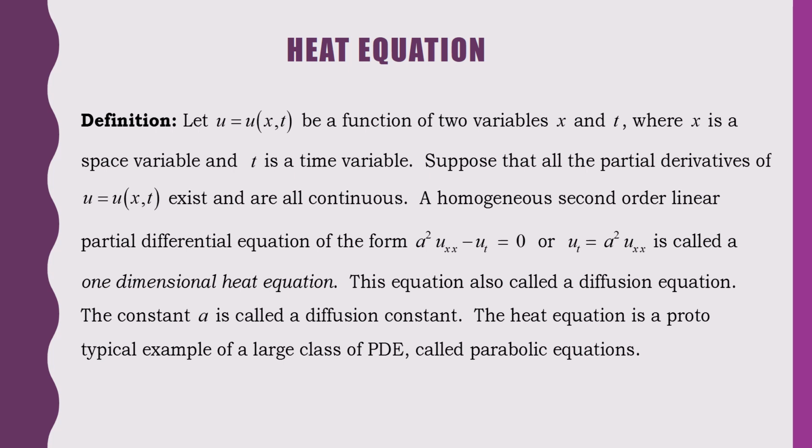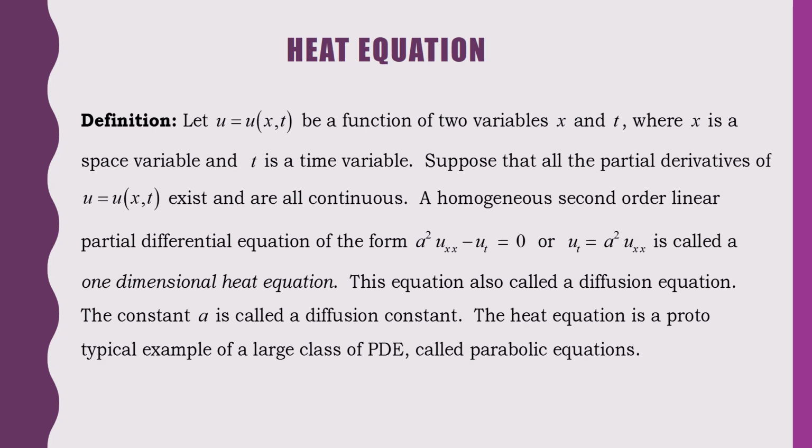This PDE is called a one-dimensional heat equation because here we have only one space variable x. So, this equation u_t equals a square u_xx is called a one-dimensional heat equation.